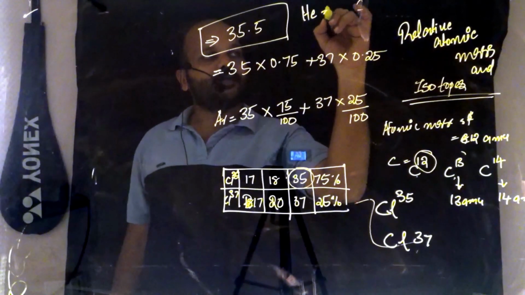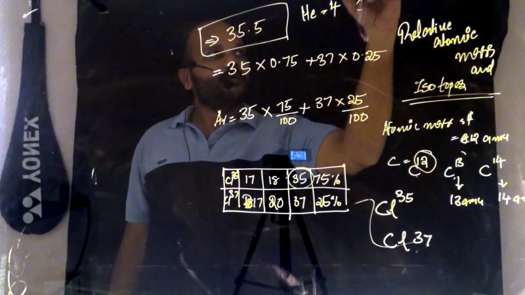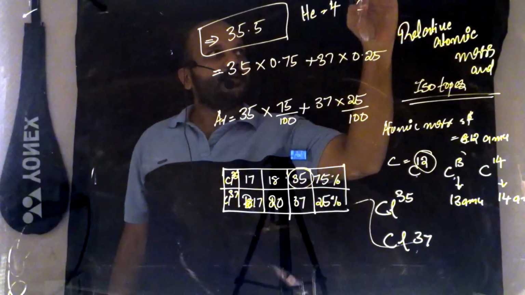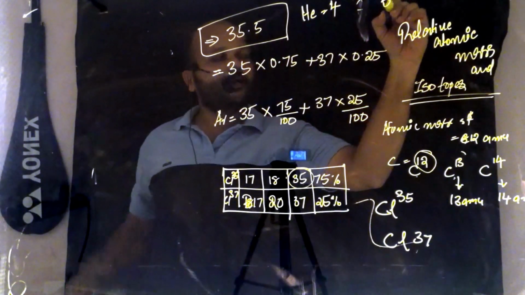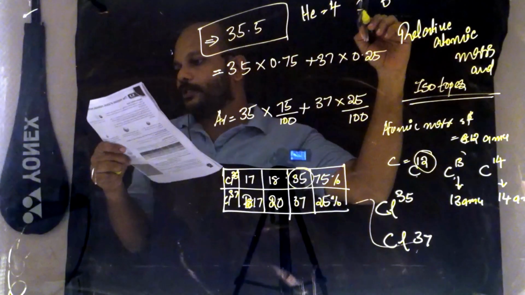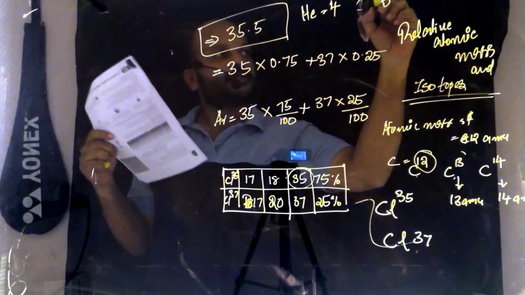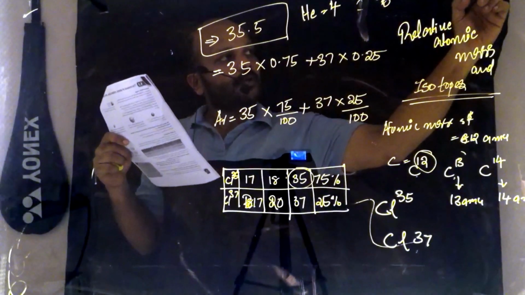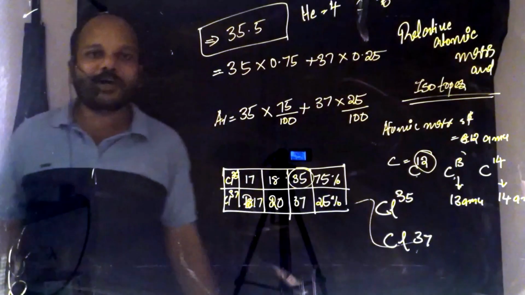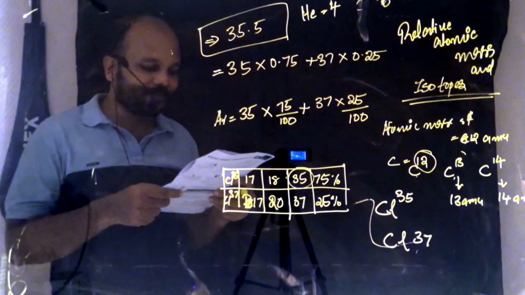Helium, relative atomic mass is going to be 4. Lithium is going to be 7. Maybe boron, I don't know, let it be sulfur. Sulfur is going to be 32 atomic mass unit. Okay, so this is how the atomic mass unit is coming.